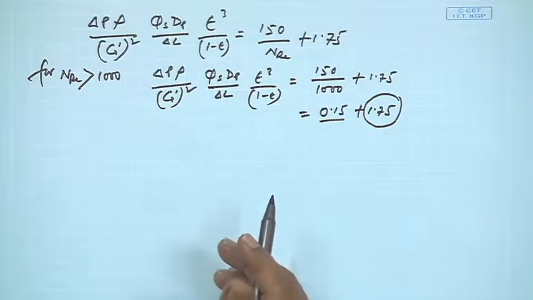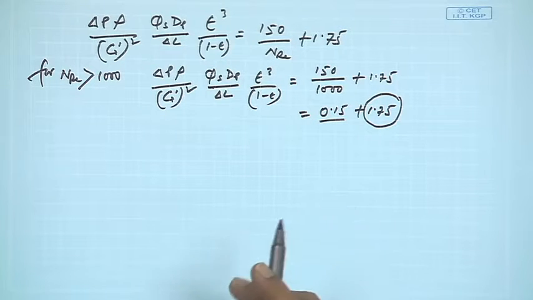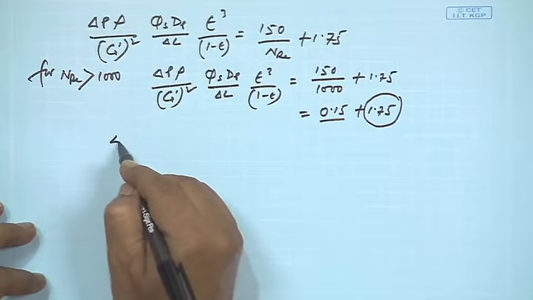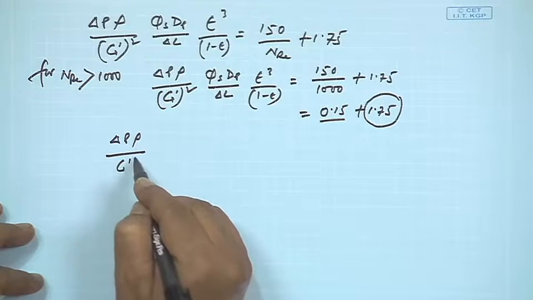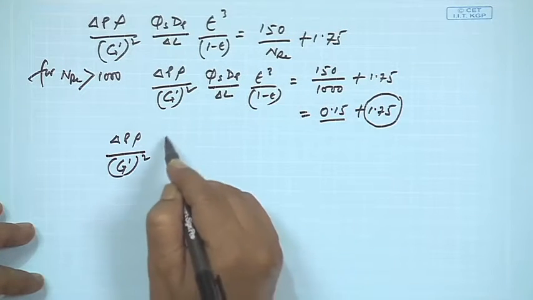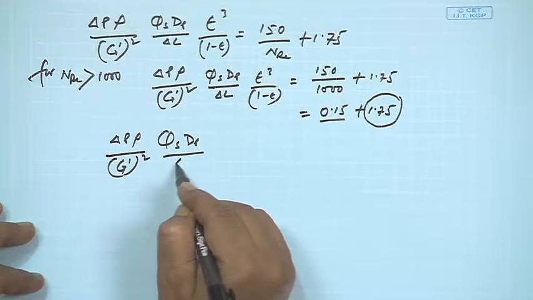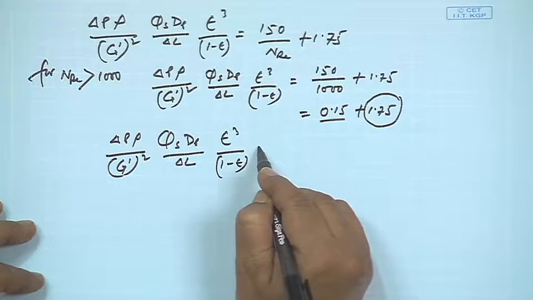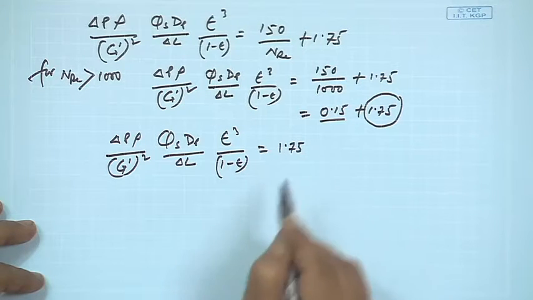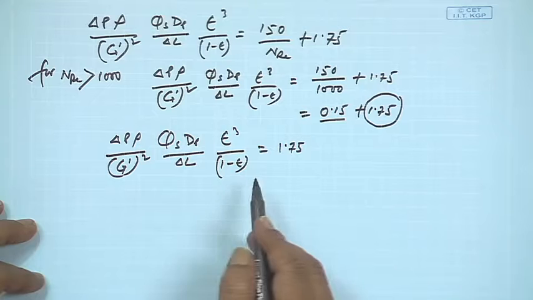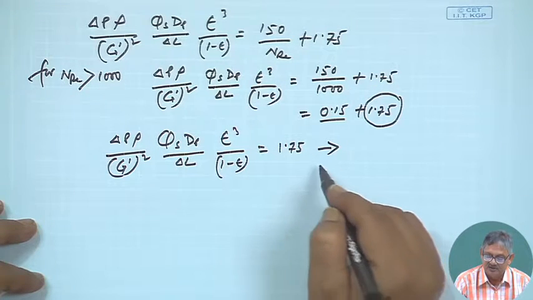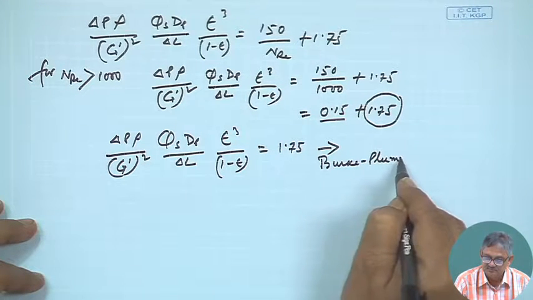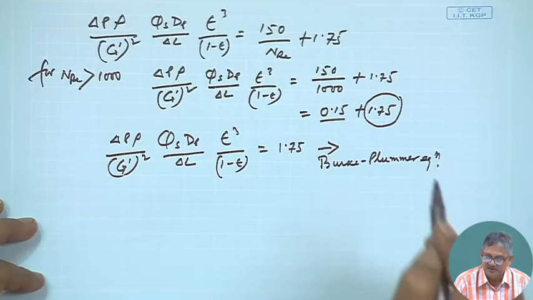So, if we neglect this 0.15 compared to 1.75, then the equation comes down to delta p rho by g prime square into phi s dp by delta L into epsilon cube by 1 minus epsilon, right, equal to 1.75, and this we have seen to be known as the Burke-Plummer equation, right.